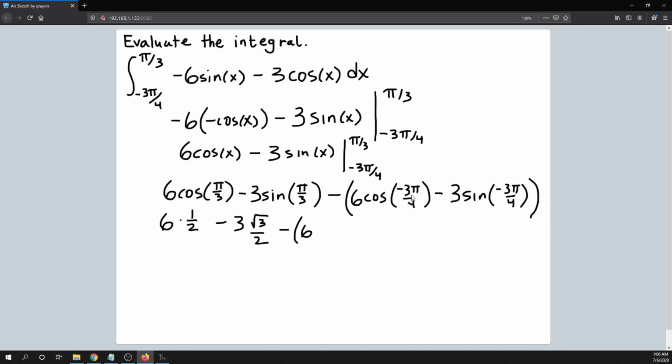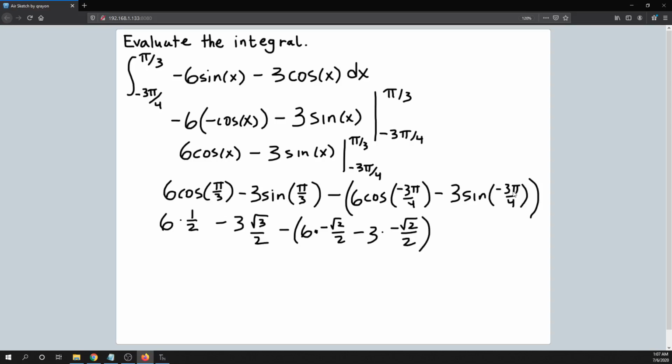So minus 3 pi over 4, that would be down in the third quadrant, right? So the cosine would be minus square root 2 over 2. And then minus 3. Same thing with minus 3 pi over 4 down in the third quadrant. And so its sine is going to be a negative number there.